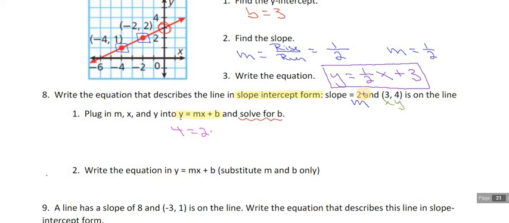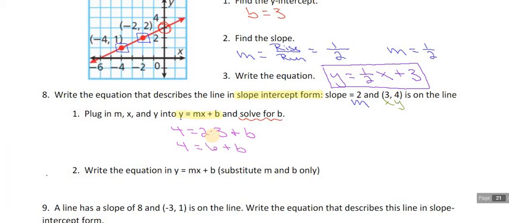M gets multiplied by x, and I know that x is 3. And then plus b, which we don't know. So now we need to solve for b. So I need to do the 2 times 3, follow some PEMDAS. That's going to give us 6. So 4 equals 6 plus b.